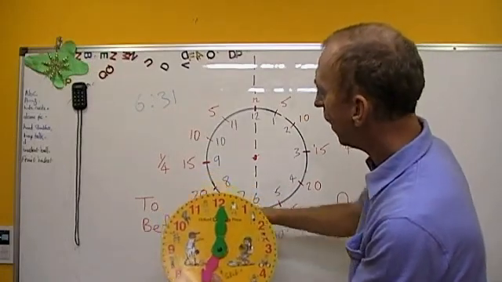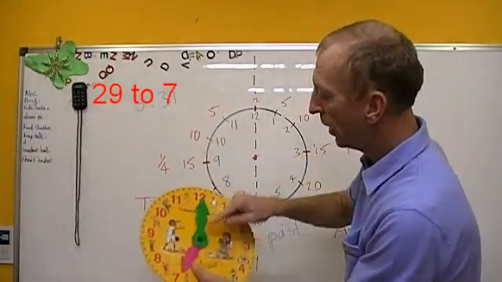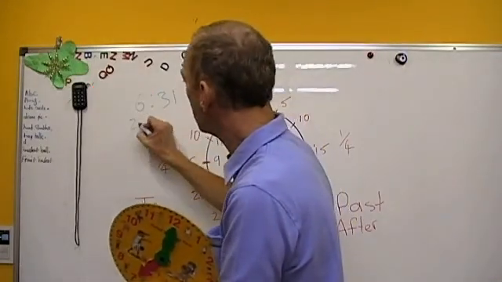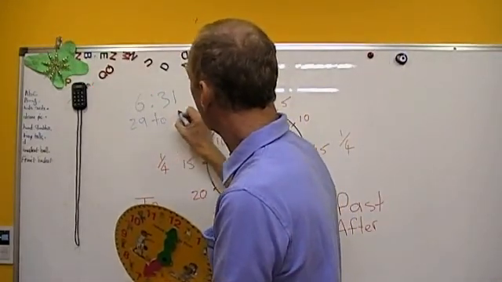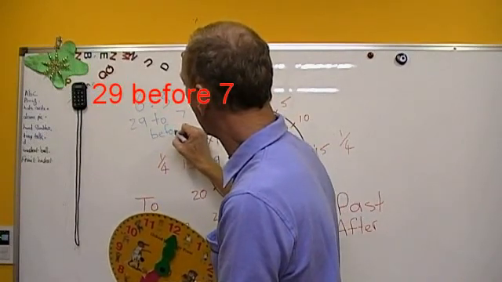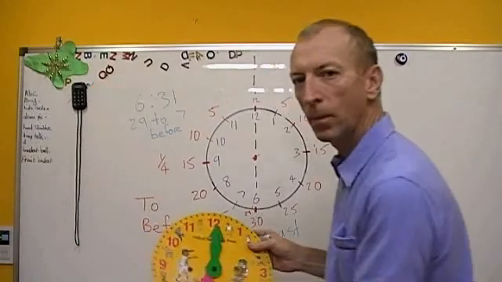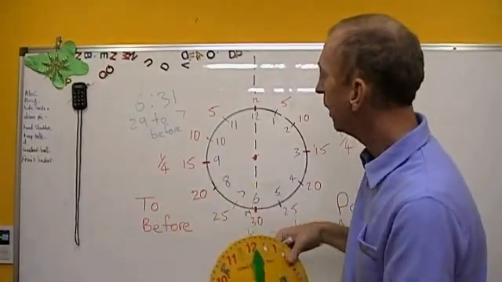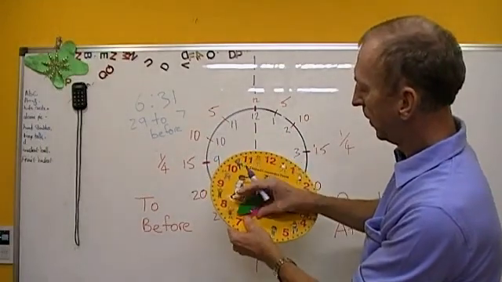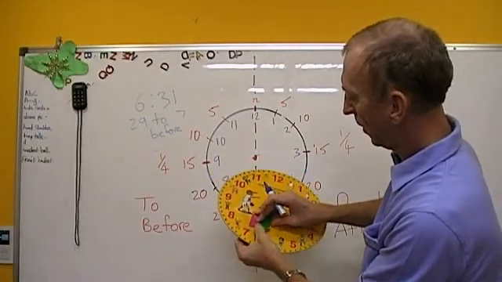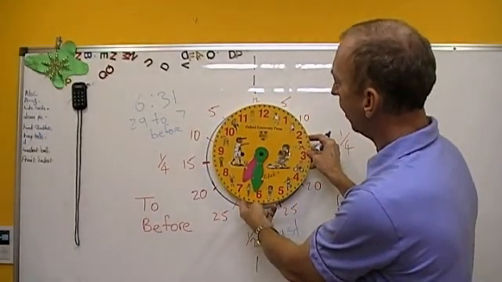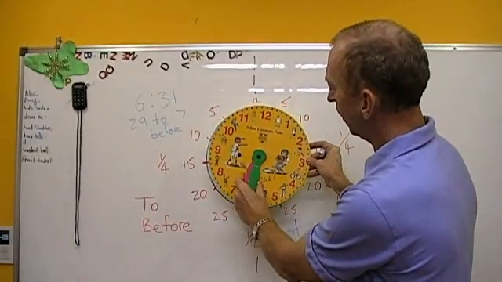So 29 to 7. Okay, 29 to 7, or 29 before 7. Excuse me, what's the time? It's 29 to 7. Or 29 before 7.